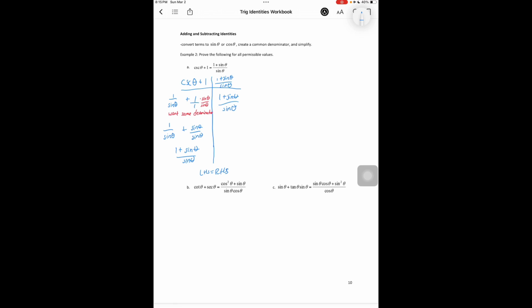Now for letter B. So here, this is a lot more complicated, but that's okay. So on the left side, we see we have 2 different terms. On the right side, we have just one giant fraction. So same setup.